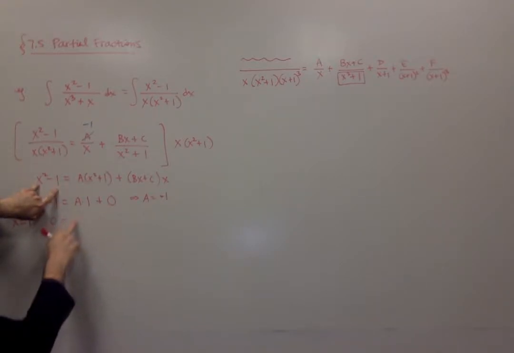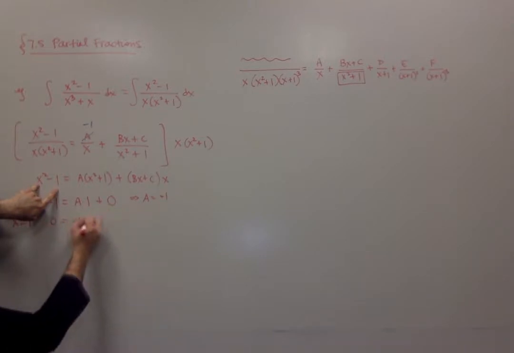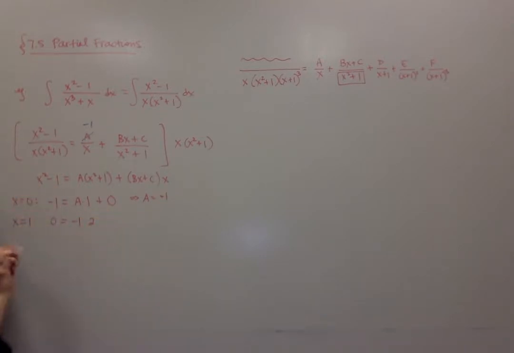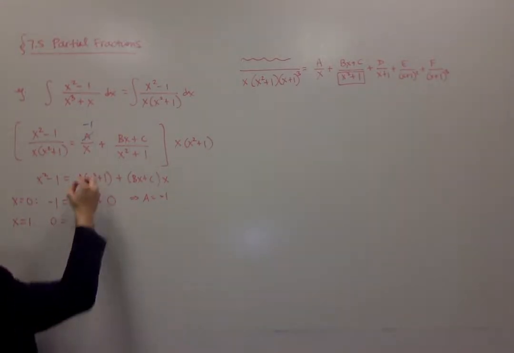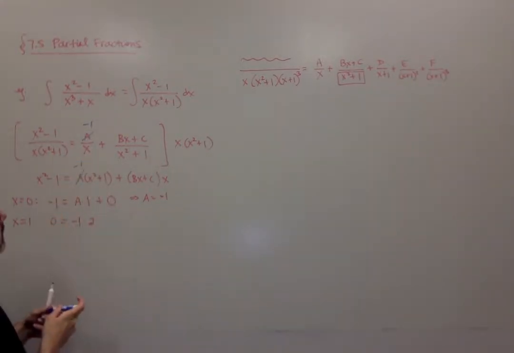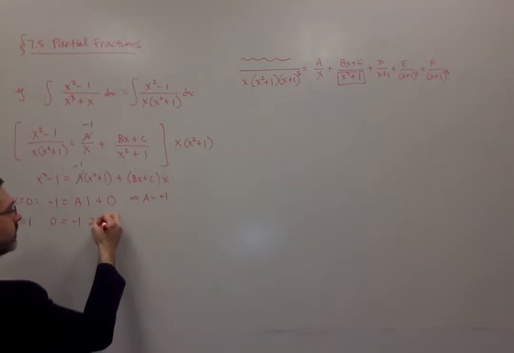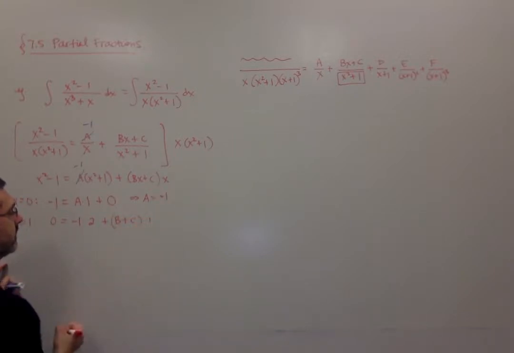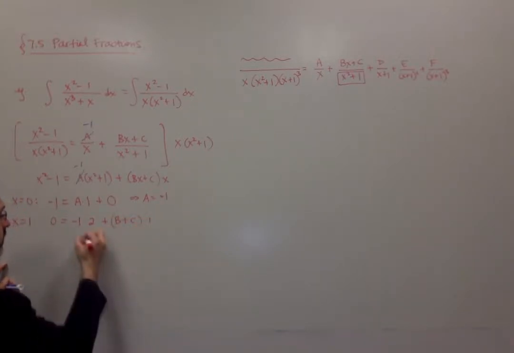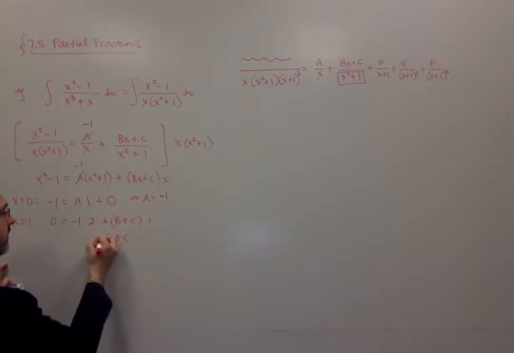Well, I know what A is. A is actually negative 1. So I get negative 1 times 2. Stick that in here. Negative 1 times 2 plus x is 1, so I get B plus C times 1. So in other words, B plus C is 2.